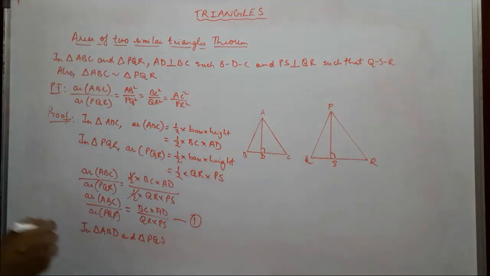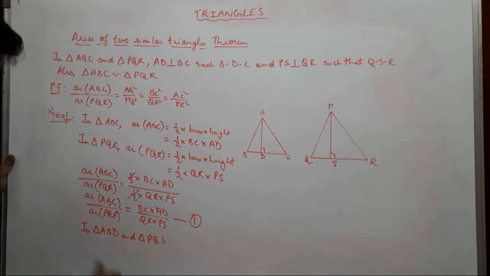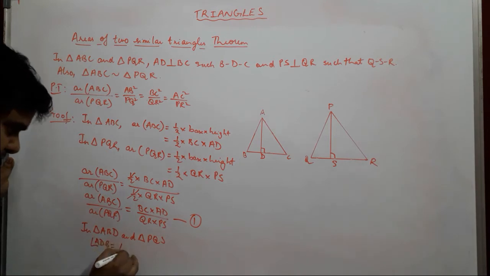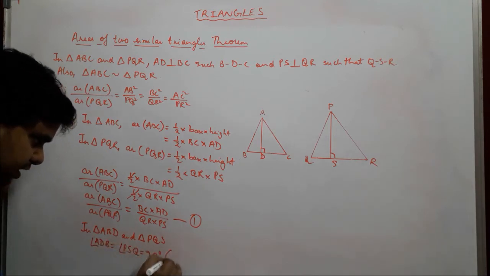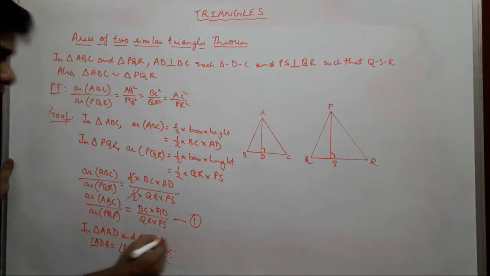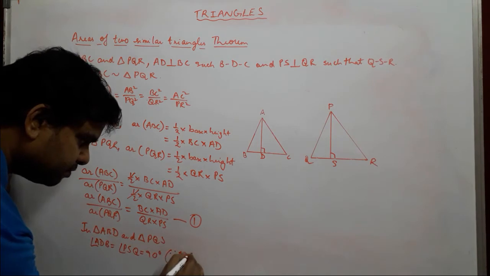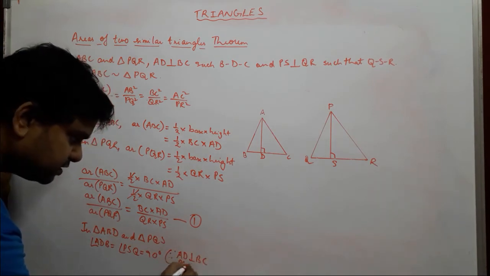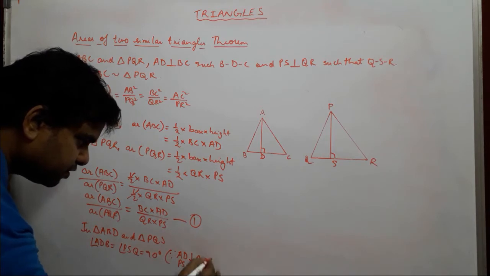So both will be equal to 90 degrees. So we write angle ADB is equal to angle PSQ, which is equal to 90 degrees, since AD is perpendicular to BC and the other one, PS, is perpendicular to QR.